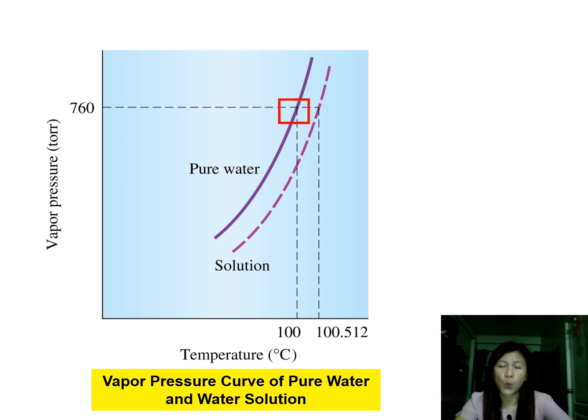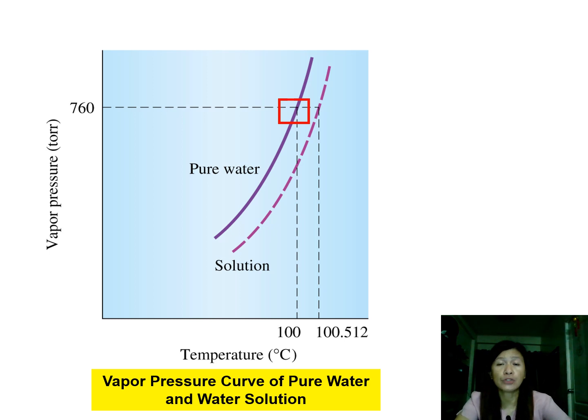But if water is added with solute to become a solution, the solution will require a higher amount of energy, or it will reach a higher temperature before it will start to boil.